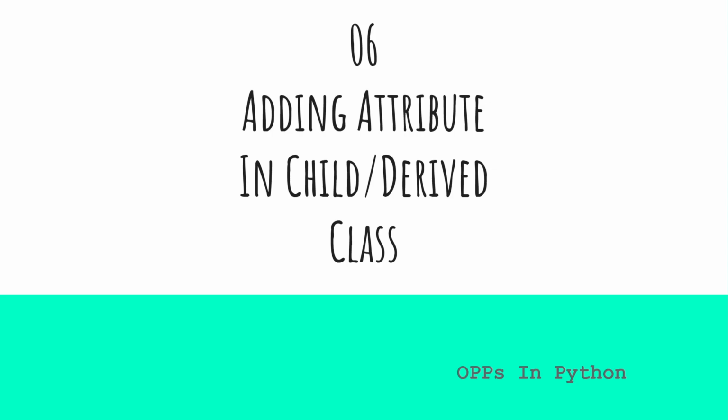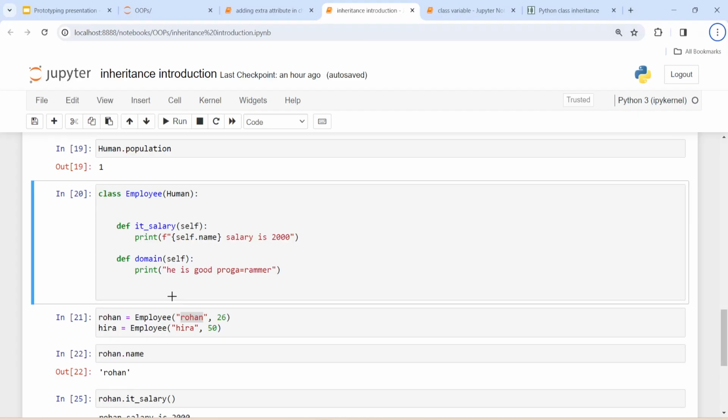In this video, we will see how we can add attributes in a child or derived class while inheriting. In the previous video, you saw that the employee class was created from the human class, inheriting features and attributes from the human class.